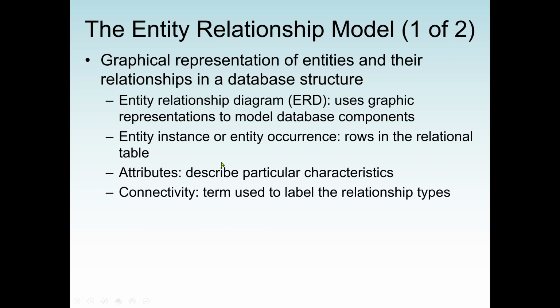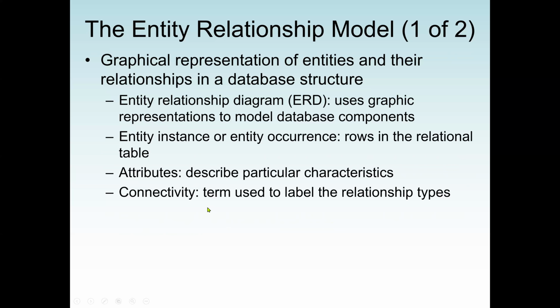A column will be one attribute of an entity, and one row will be one record, or the data about one entity. Also, an attribute describes a particular characteristic. In a relational table, the attributes will be the columns. Then connectivity is the term used to label the relationship types.